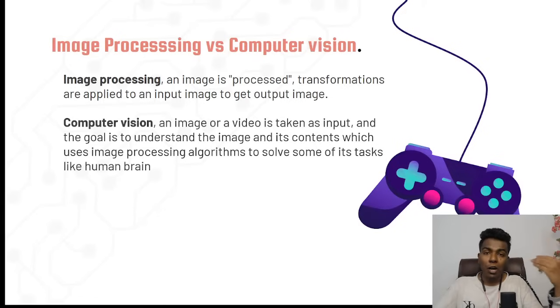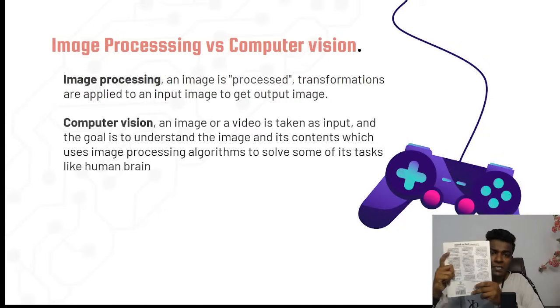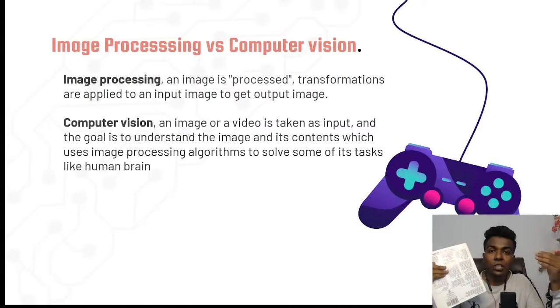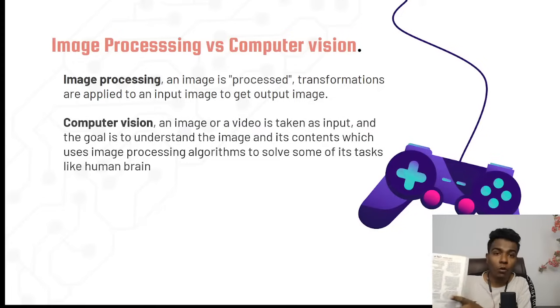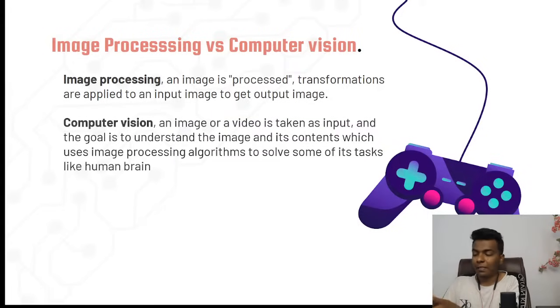Whereas if you're talking about computer vision, it is a computer's vision, right? It takes an input and understands some information from an image. For example, I'm going to give the same image. If the application wants to recognize the text present in it, such as "an experience your customers won't forget", that is the text present here, right?